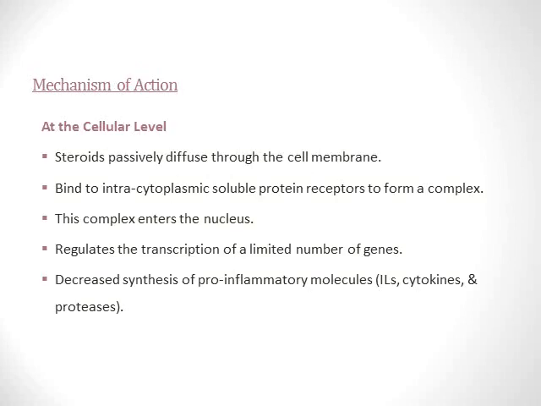Mechanism of action remains the same. At the cellular level, the steroids pass diffusely through the cell membrane and bind to intracytoplasmic soluble protein receptors to form a complex. This complex enters the nucleus and regulates the transcription of a number of genes, which leads to decreased synthesis of pro-inflammatory molecules such as interleukins, cytokines, and proteases.